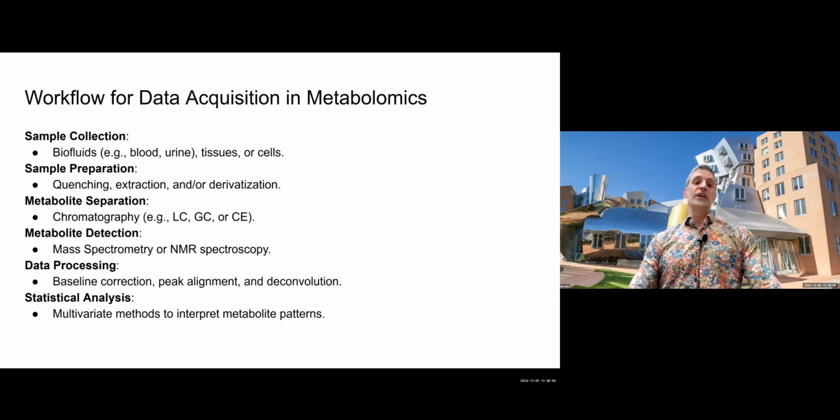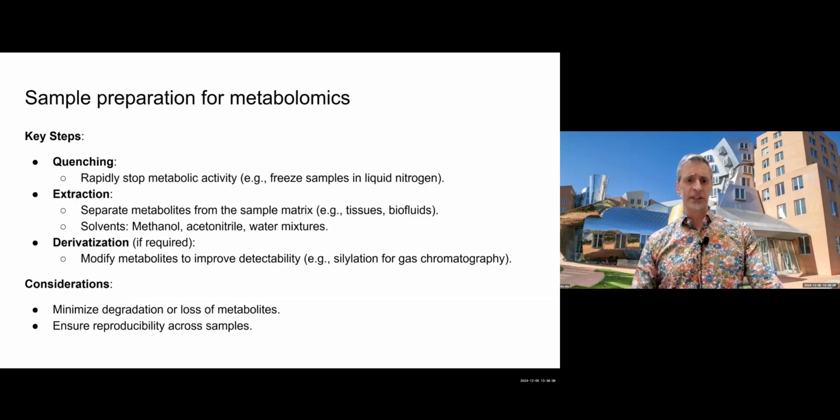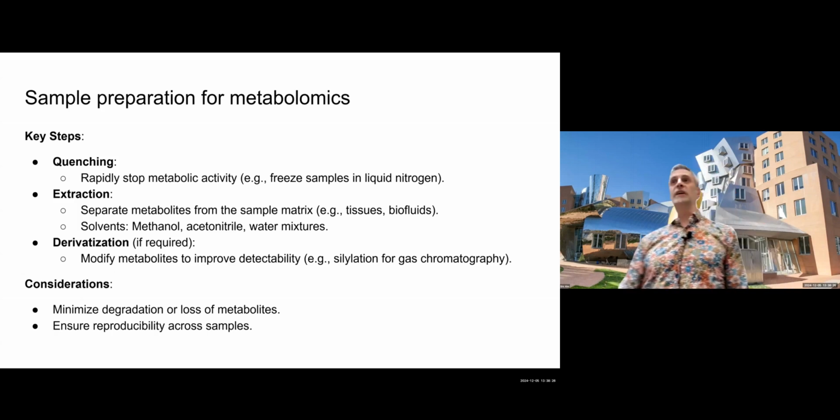We have our detection, data processing, and then at the end of the day, the statistical analysis based on our experimental design. So for metabolomics, the sample prep involves two stages. First, we have to do something to stop the metabolic activity. Even if we kill the cell, that thing is full of enzymes, and a lot of those enzymes work just fine in vitro.